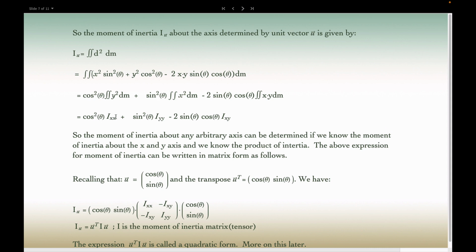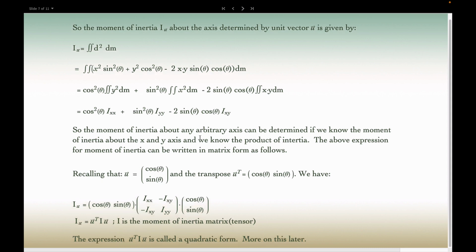Now, this expression right here can be rewritten in matrix form. We'll switch down to two dimensions now, which is okay. Calling u as cosine theta, sine theta, the transpose of u gives us a row vector.